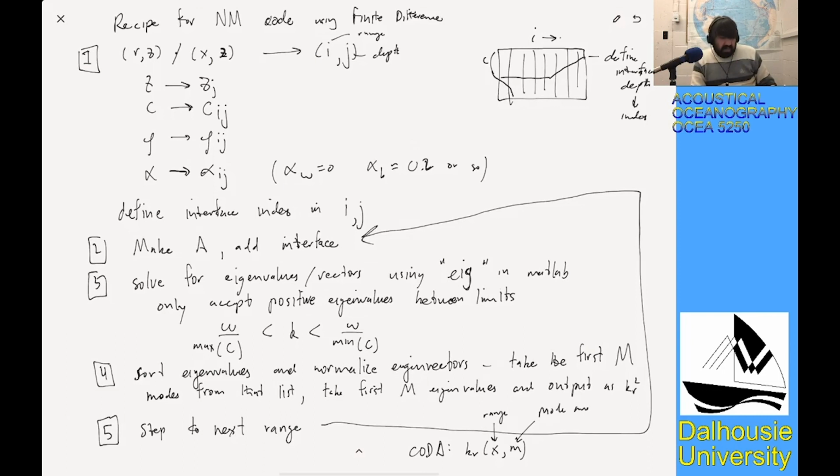And then you can combine with mode shapes. So you're going to have, say, the first m modes at each range step as well, and you can combine with the kr and compute the entire field.